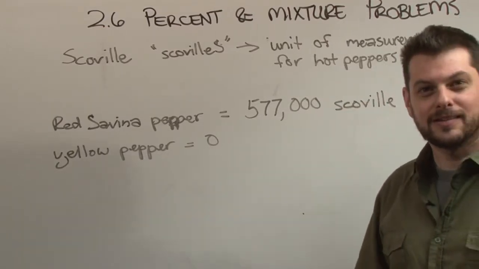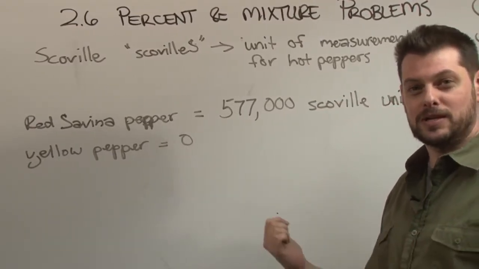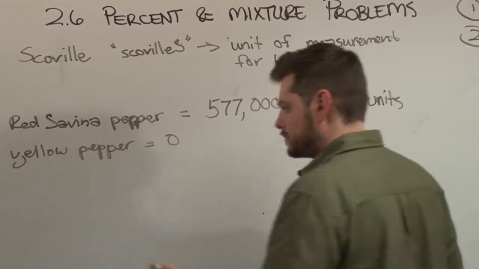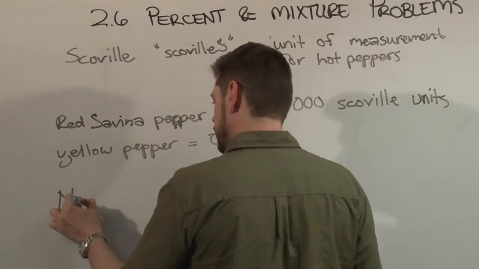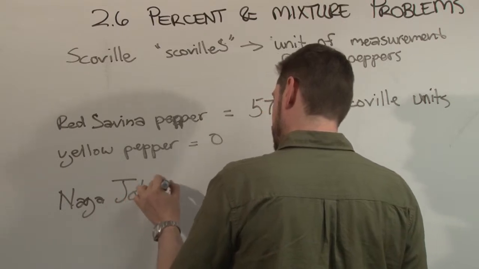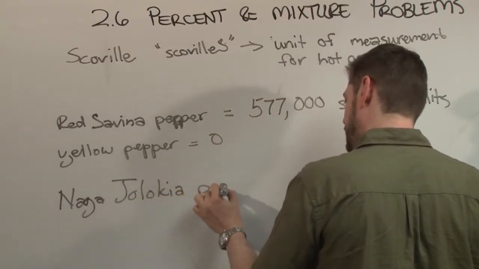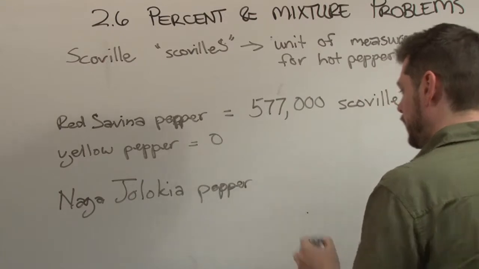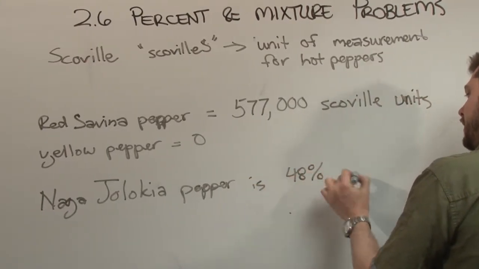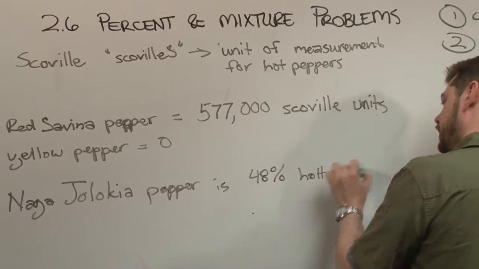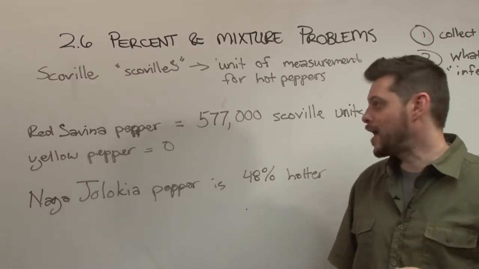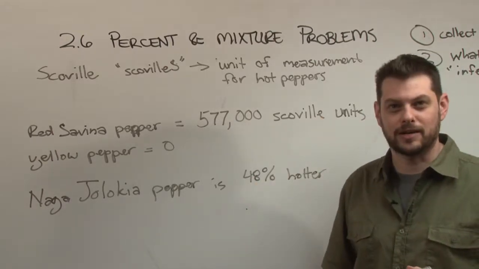Now the question says that up until recently, this was the reigning champion, but then we discovered a new pepper called the Naga, I don't even think I'm saying this right, Jolokia pepper, okay? And this pepper is 48% hotter than the red Savina. So we're going to figure out how many Scoville units it rates on the scale, okay?